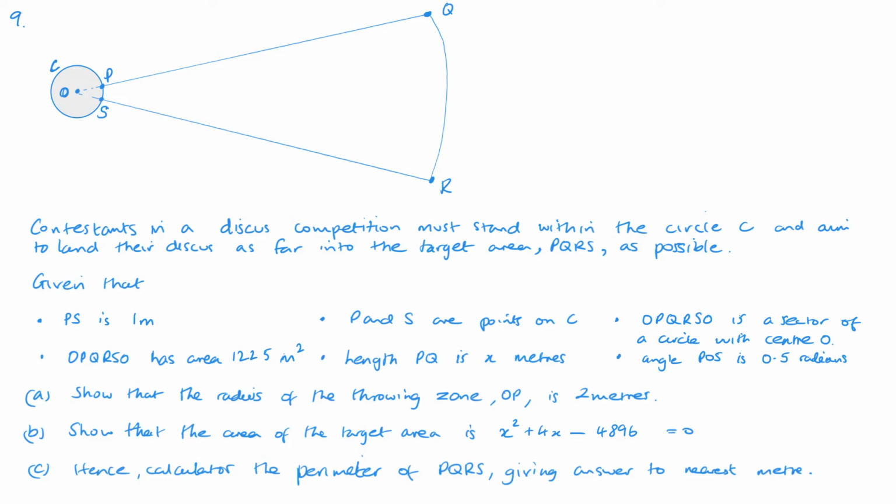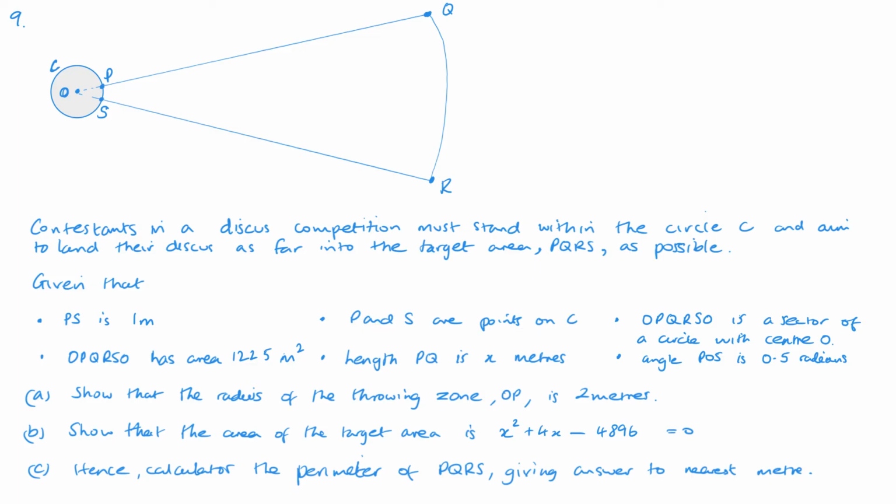Okay, so we've got a discus. So we've got the circle where they obviously spin around and throw the discus, and then the area that they're throwing it into. Target area, right. So PS is 1 meter. So this arc length here is 1 meter.